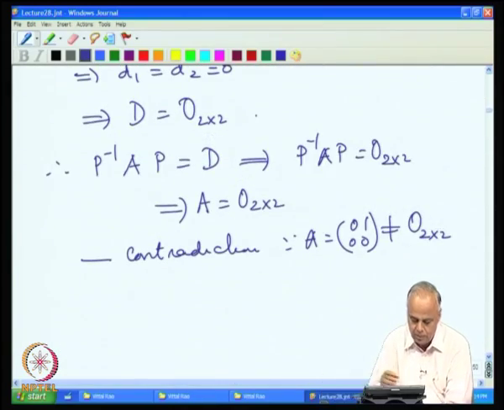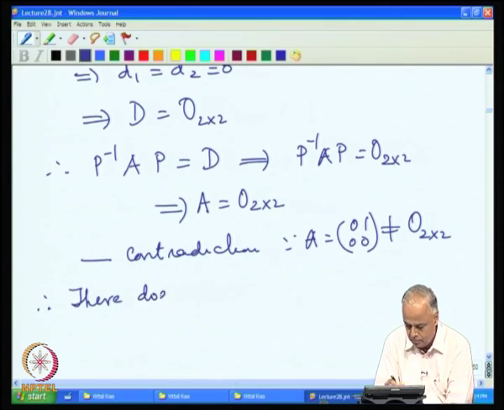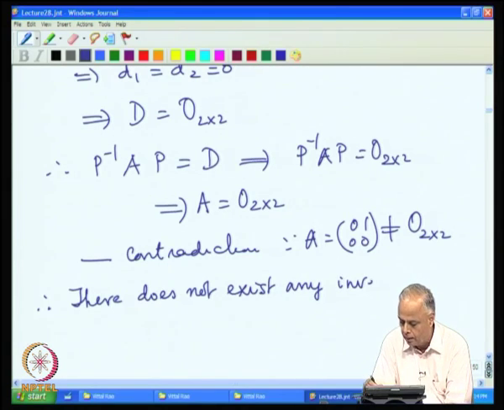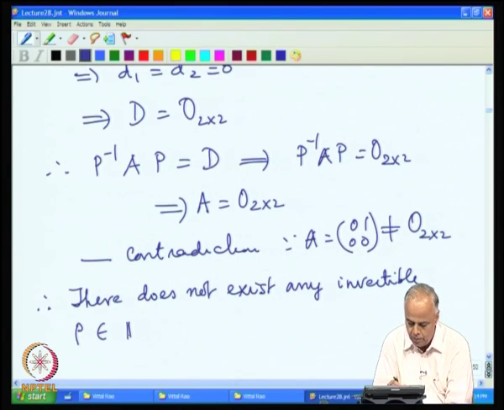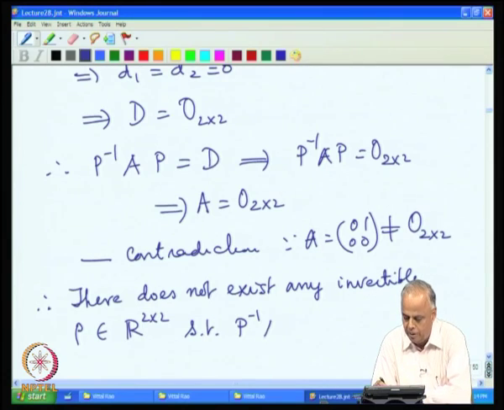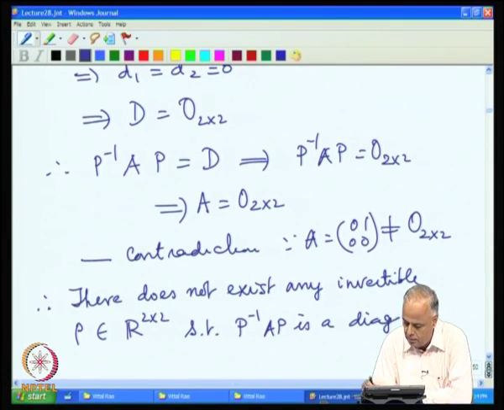Therefore, there does not exist any invertible P in 2 by 2 real matrices such that P inverse A P is a diagonal matrix.